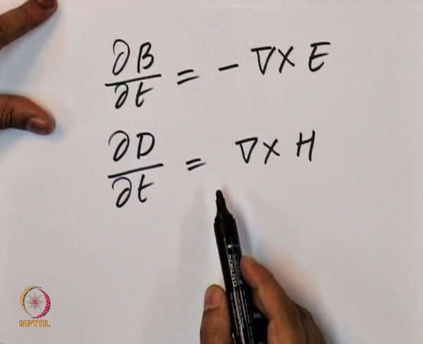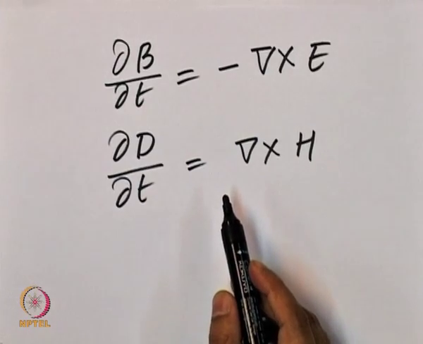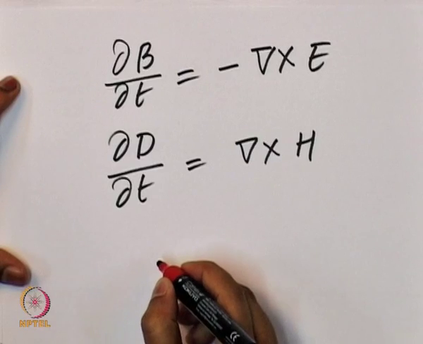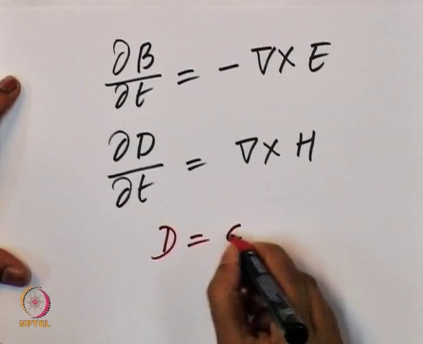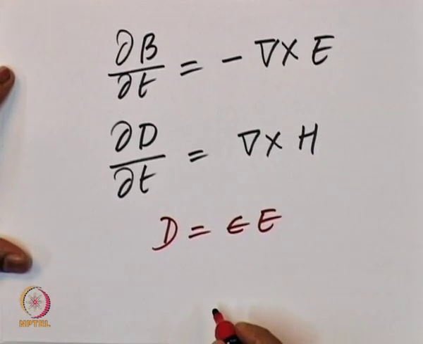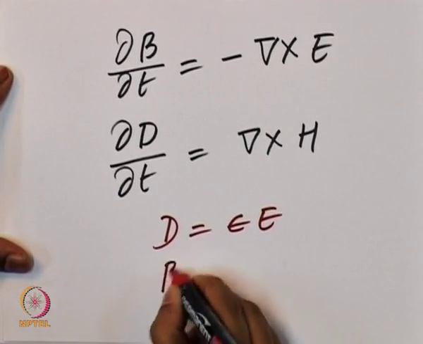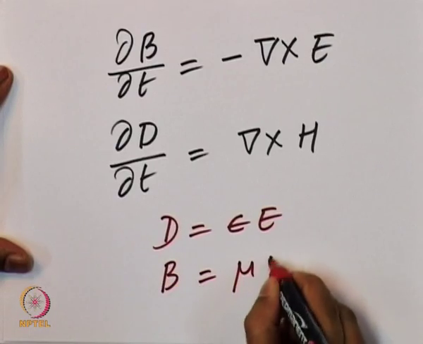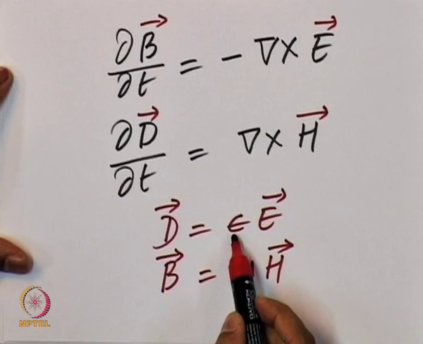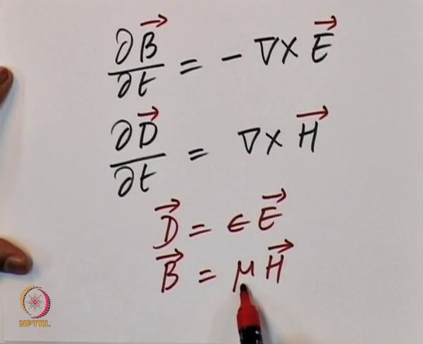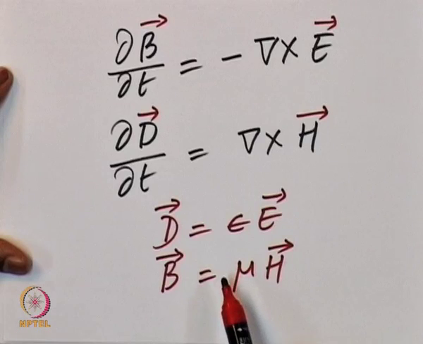For a simple case where material parameters are scalars, that means D is equal to epsilon E and B is equal to mu H. Obviously these are all vector quantities. Epsilon is the permittivity and mu is the permeability, and we choose them to be constant.